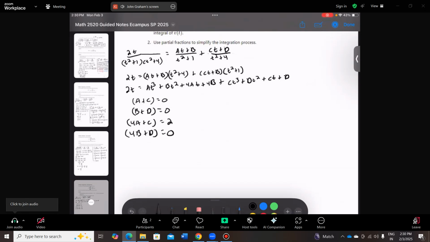Alright, so we can solve one of these. So a would be equal to negative c, b would be equal to negative d. So we can plug in a equals negative c, we get 4 negative c plus c equals 2. So that would be a negative 3c equals 2. So c equals negative 2/3.